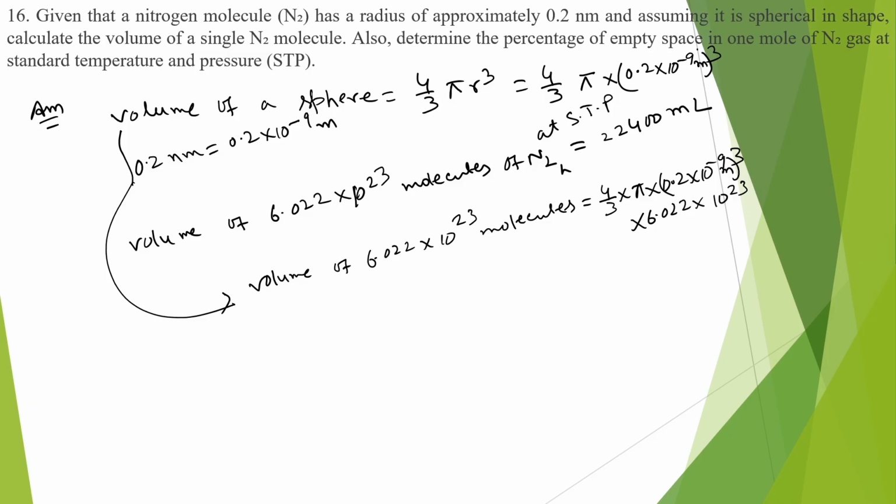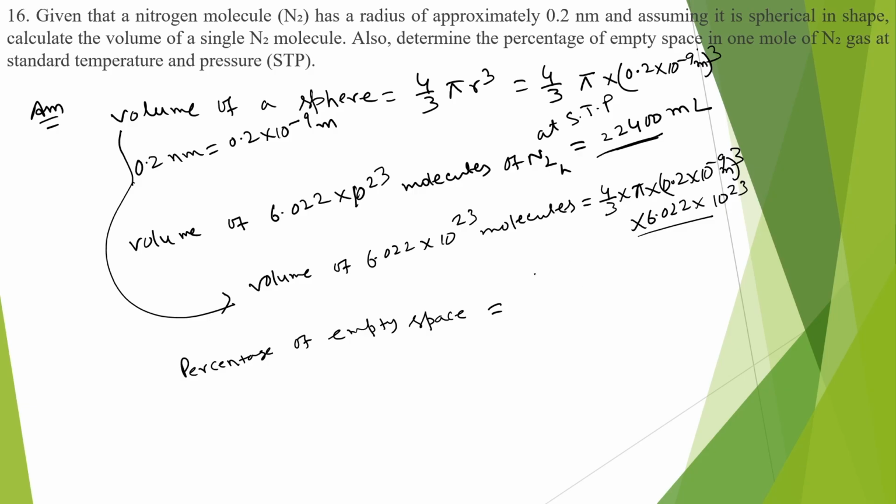Okay, so percentage wise if we calculate now, percentage of empty space. So, this is the actual volume and this is the calculated volume. So, percentage of empty space in 1 mole is, we have to divide this one by this one.